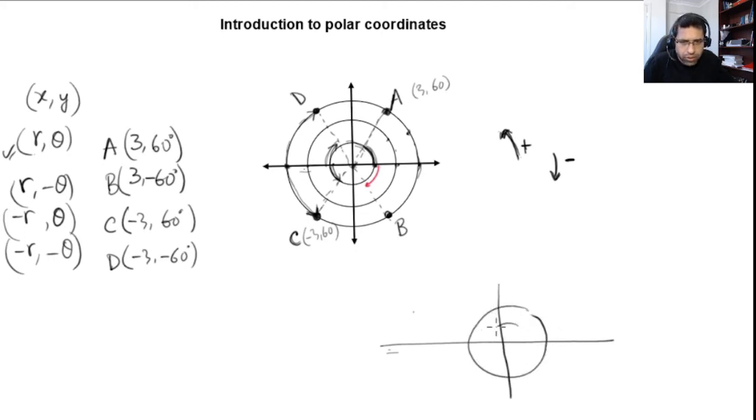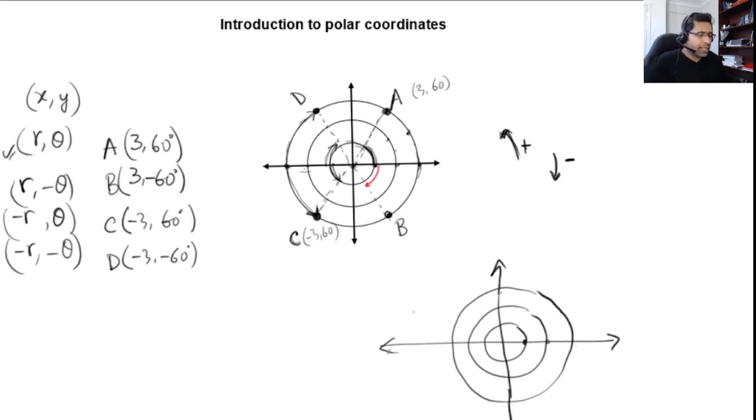If I draw a small circle here, let's consider that circle with 1 radius, 2, 3, and this is our axis, right? Now I'm asking to find the point 3, 60 degrees, for example. I'm just copying the same point, so it's A, whatever we had as A.